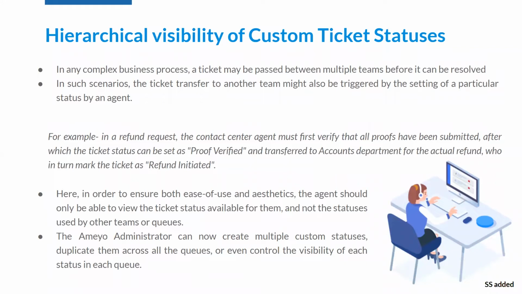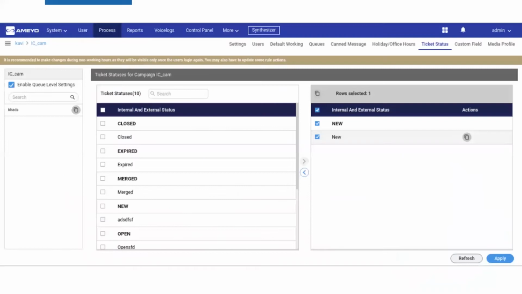Now, if your agent sees all of these 30 statuses at once, he will get confused, right? So what would happen now is that only the statuses that are applicable to the agent will appear in front of him. When creating the status, let's just say you copied the statuses to everything, then he will see all the statuses.